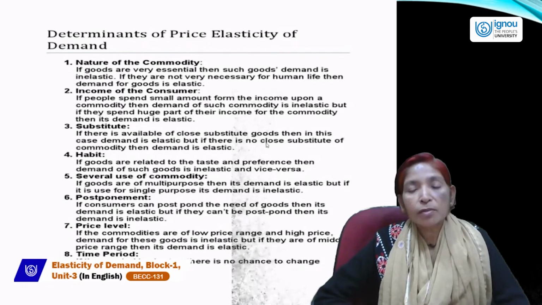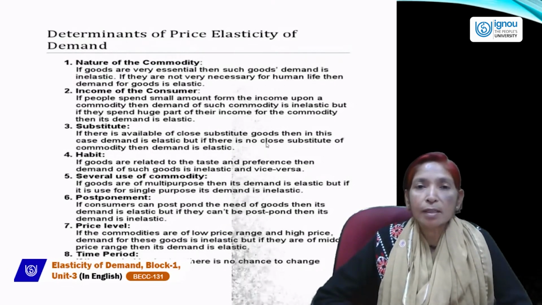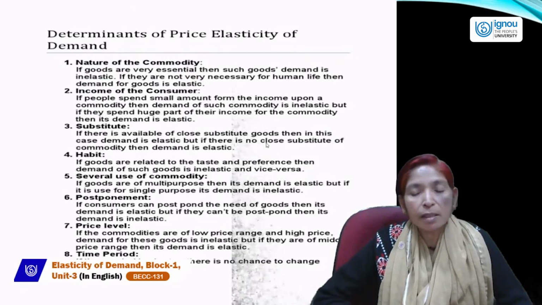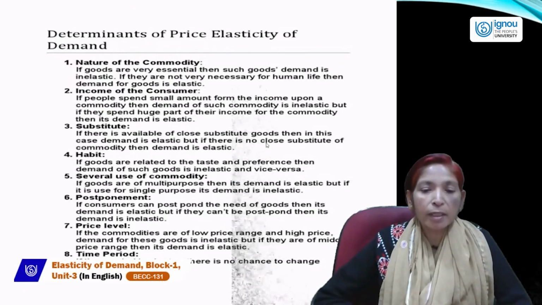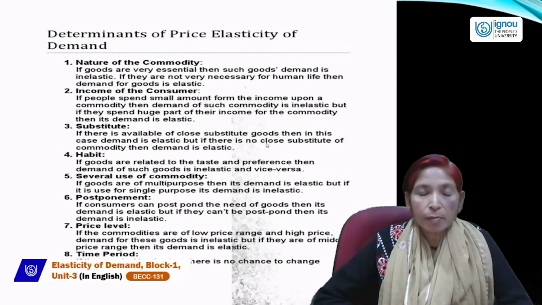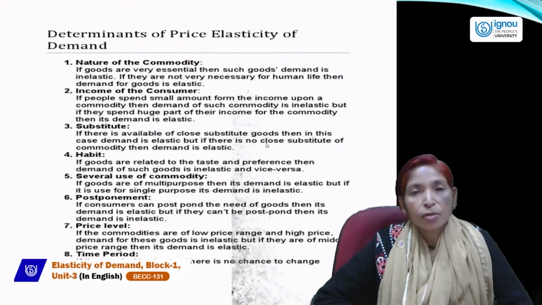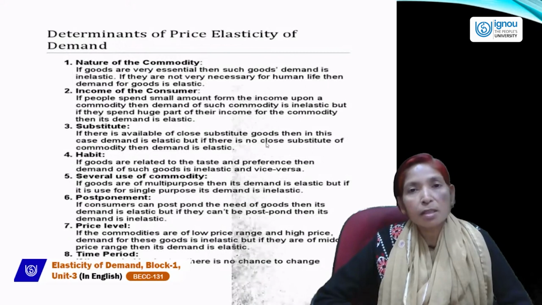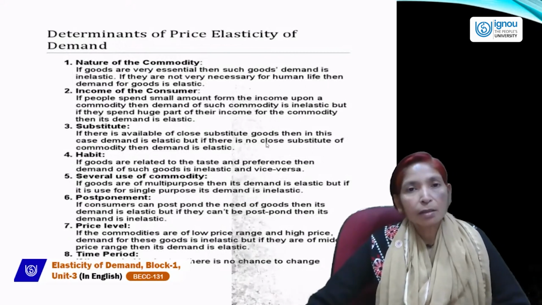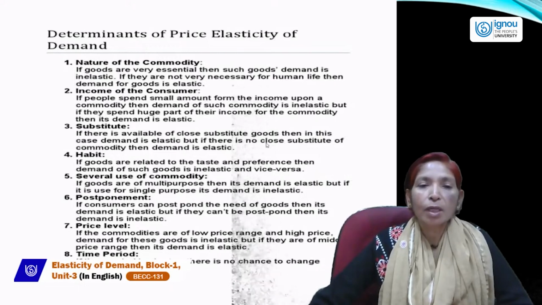And long period is a very broad, longer time period. In this, all factors can easily change, our demand can easily change. So in a shorter time period, there is no chance to change. But in a longer time period, there is more chance to change. So when there is no chance to change, demand will be inelastic. And if there is more chance to change, then demand will be more elastic.